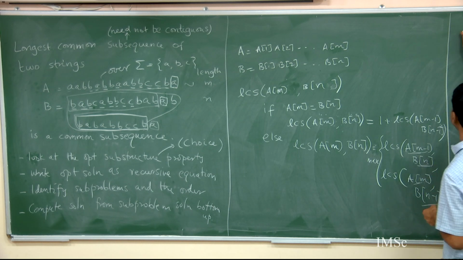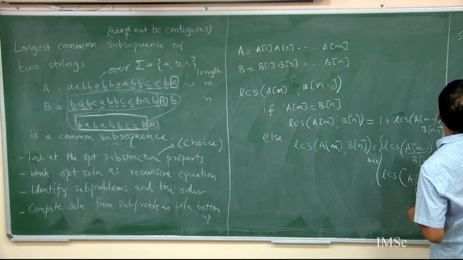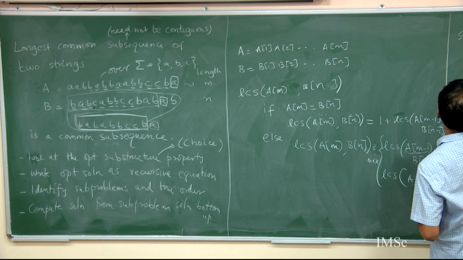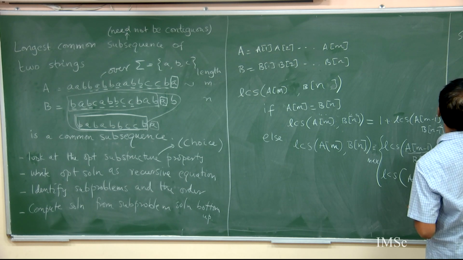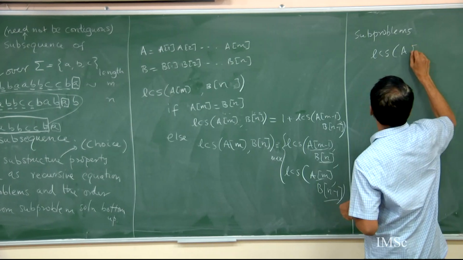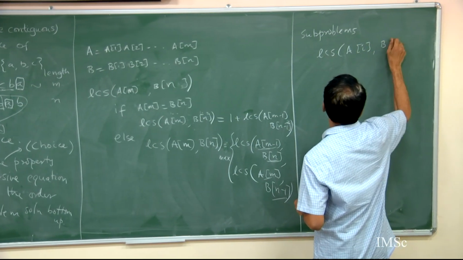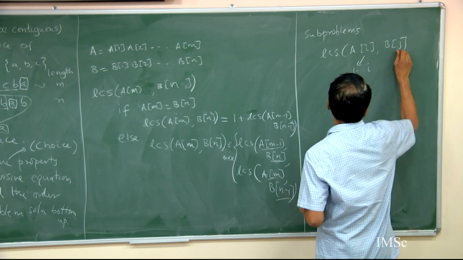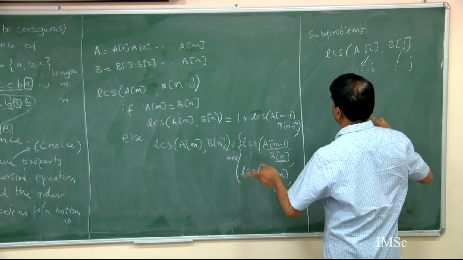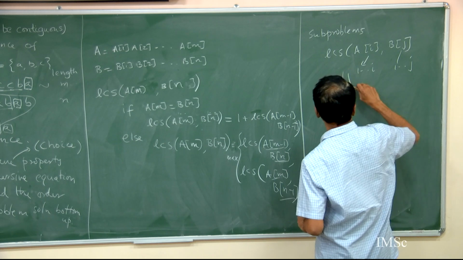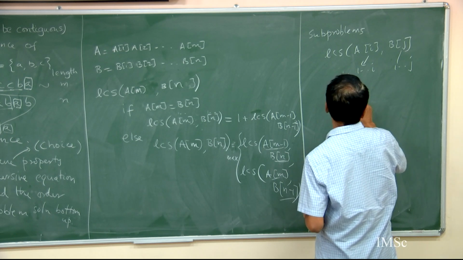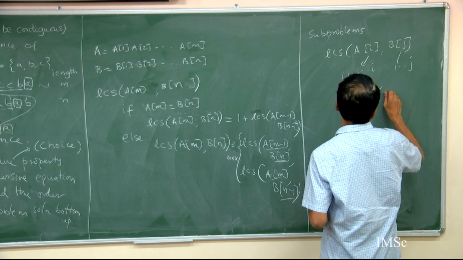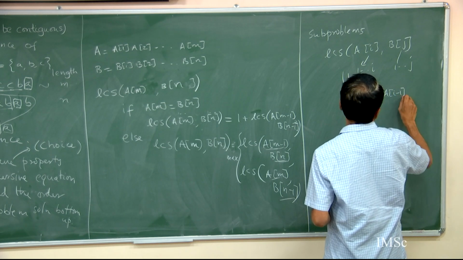So the subproblems are Ai and Bj, where this is 1 to i and this is 1 to j, and the recursive formulation would be 1 plus LCS of Ai minus 1, Bj minus 1.